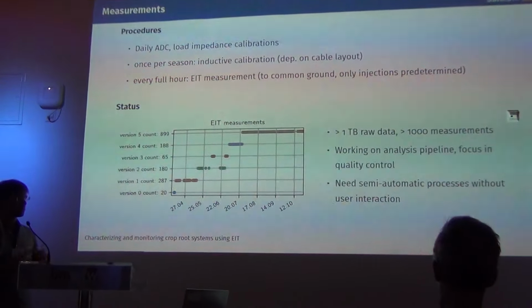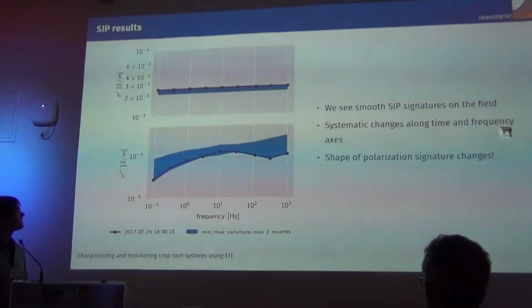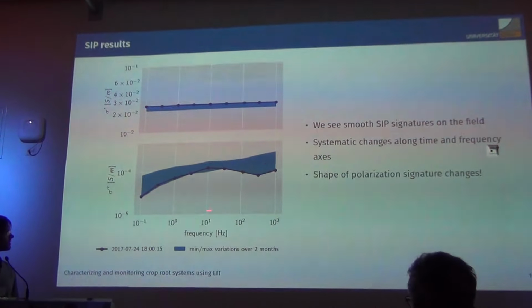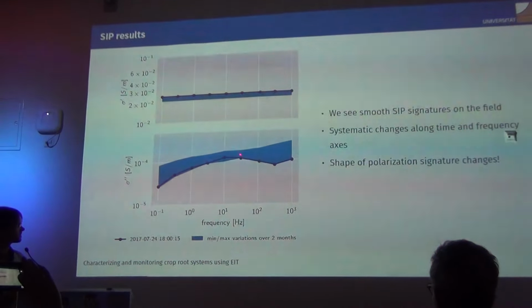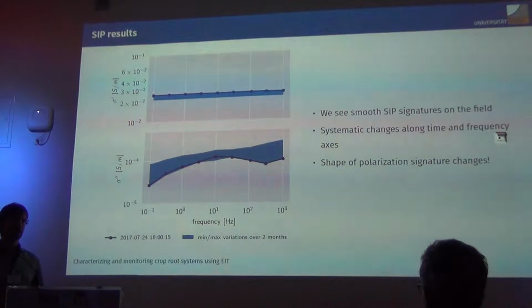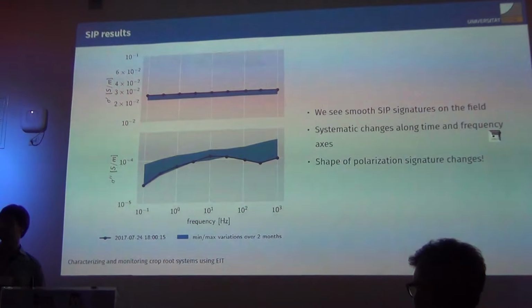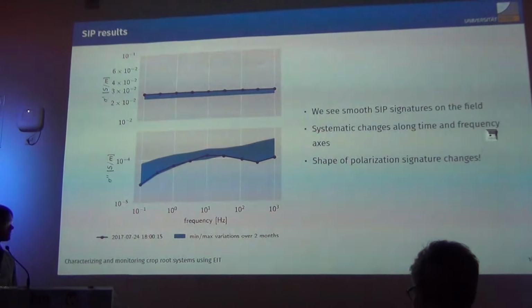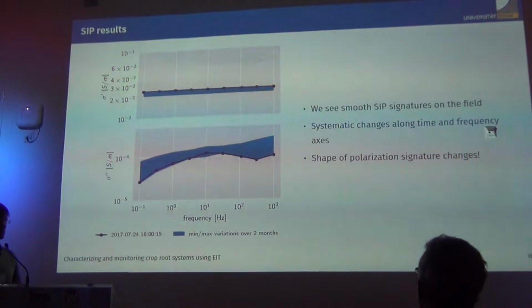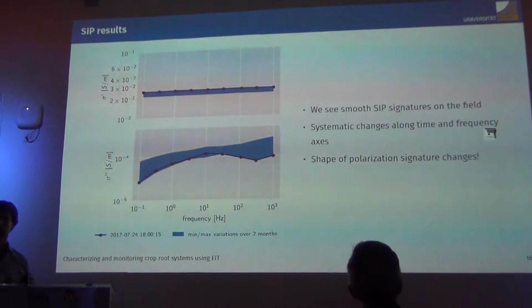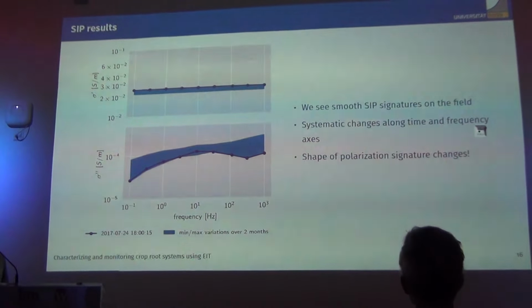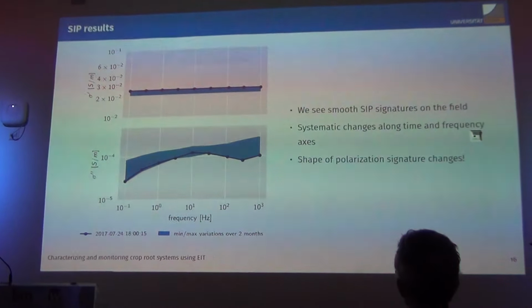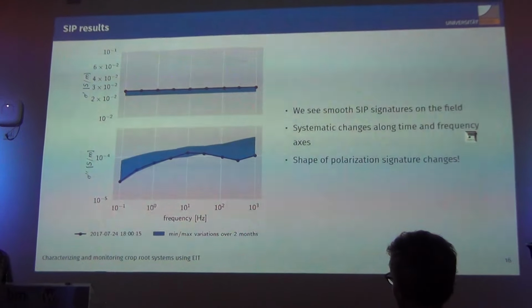While we don't have a detailed analysis yet, if we look at single dipoles, we see systematic SIP signatures, which are not unlike the ones we measured in the laboratory. So this is quite nice, that we are able to measure these smooth SIP curves with this new system in a monitoring setup. The blue area indicates systematic changes over a 2-month period.